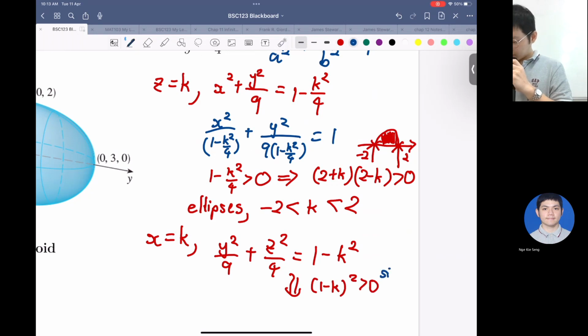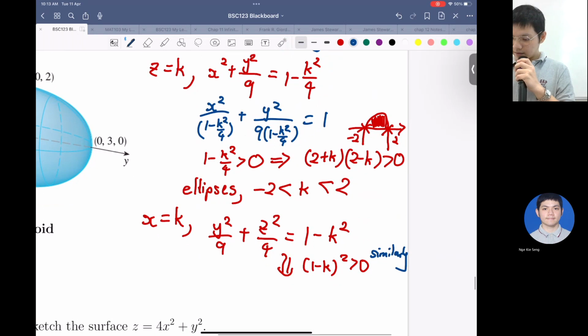Similarly, you get an ellipse again, with k from -1 to 1.